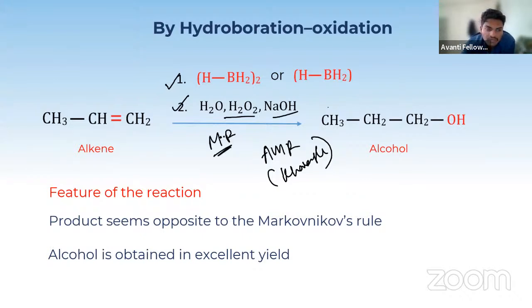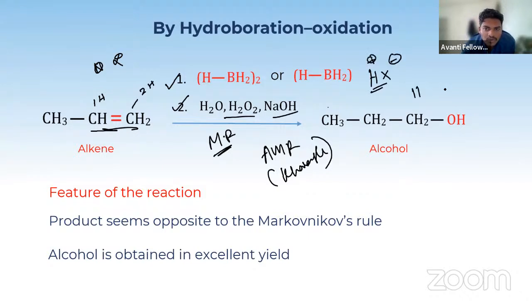So what will the Markovnikov rule tell? The number of hydrogens present on the alpha carbon. Let's suppose, look at these two: here only one hydrogen is present, here two hydrogens are present. So the Markovnikov rule says that if you have any halogen or any particular compound making a bond, this will become H plus and this will become H minus.